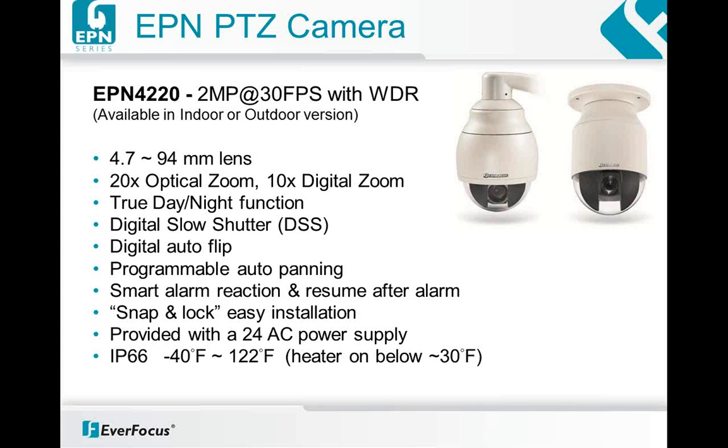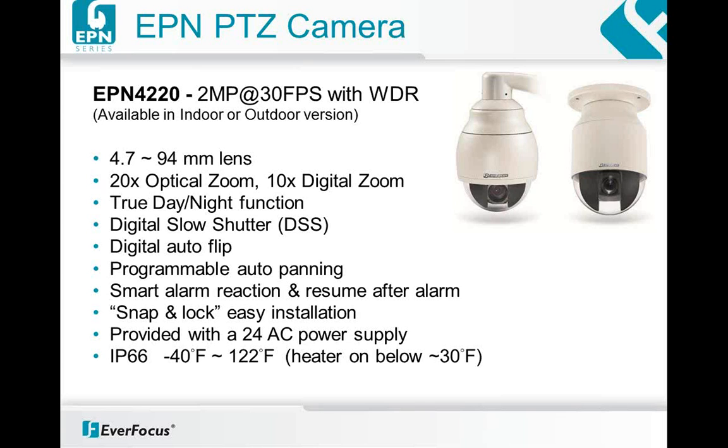You can program auto panning, set tours, and it has an alarm trigger, normally open or normally closed contacts that you can wire to a door or magnets or whatever you want. Easy installation.